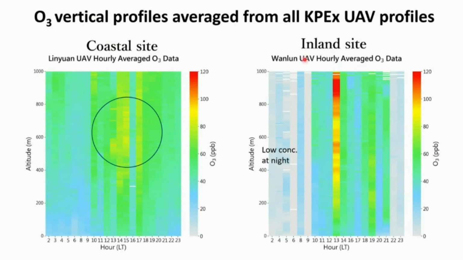But on the inland side, we see at night time the titration effect is quite large, so we see very low ozone concentration from midnight to early morning. This is quite different characteristics between the coastal side and the inland side.